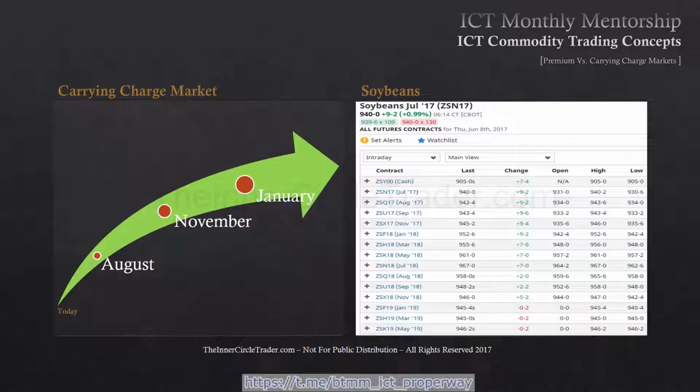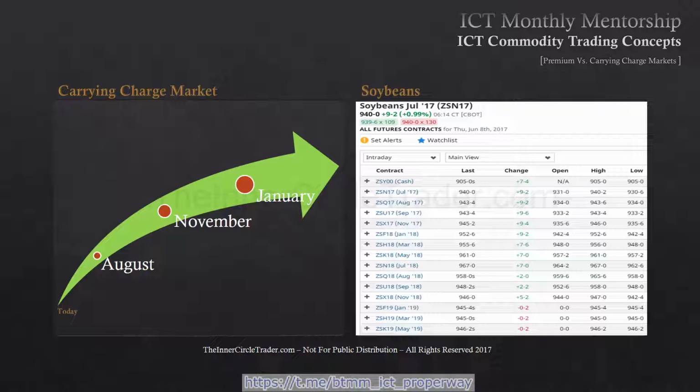But we're going to assume for a moment that we were looking at the market after they close, and we look at the closing price, or in this case, the last. And generally, if there's a cash market that could be seen for a commodity, they'll list it first on barchart.com, and that'll be at the top of the list. And then immediately below that, you'll see the first contract delivery month, or what is referred to as the nearby contract.